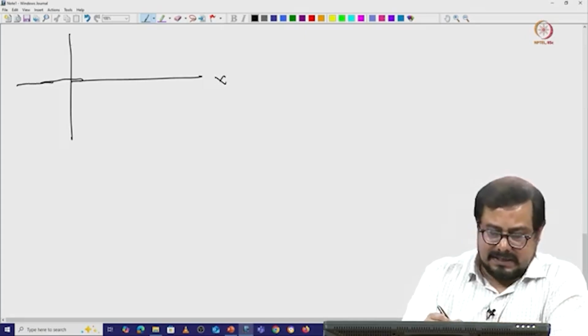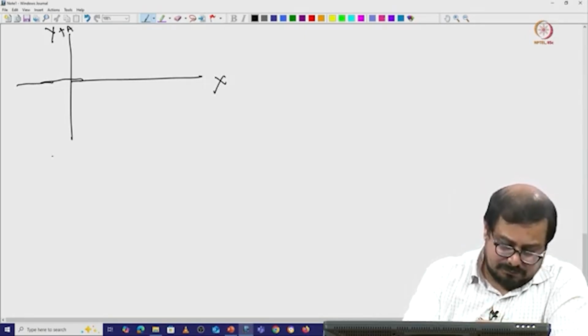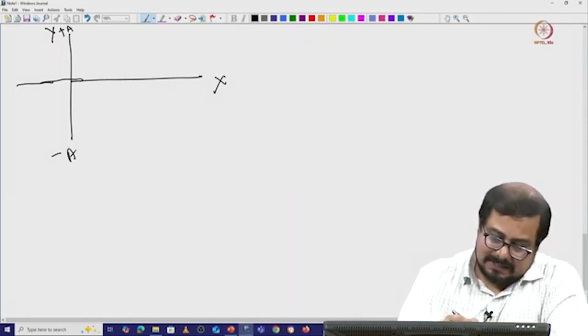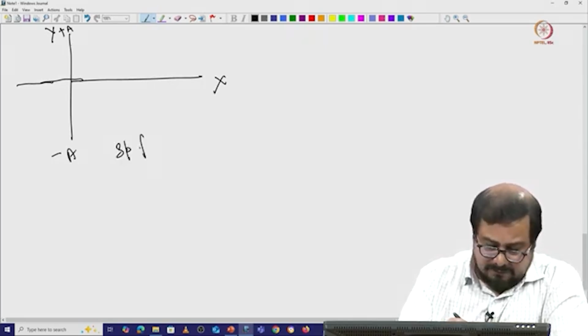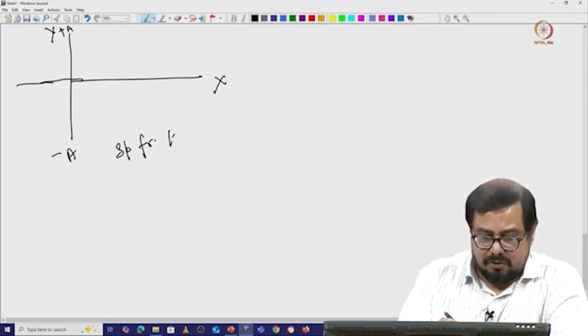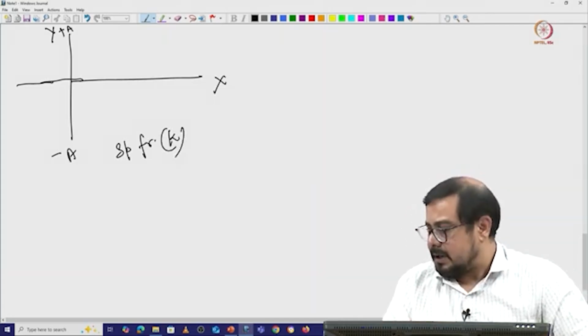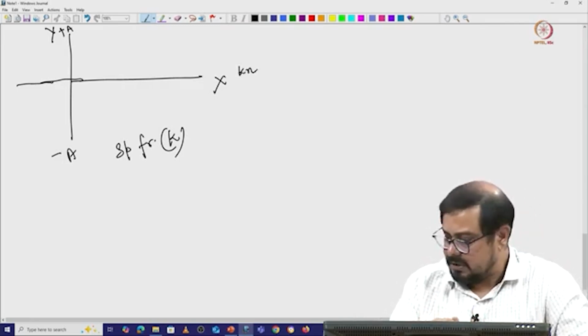This is my x axis and this is my y axis. This will be the plus amplitude and this the minus amplitude, and we consider the spatial frequency, denoted by k, so this is kx.